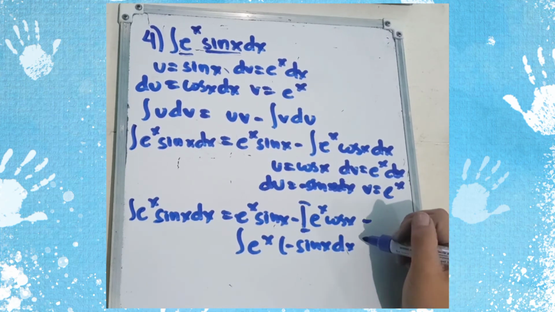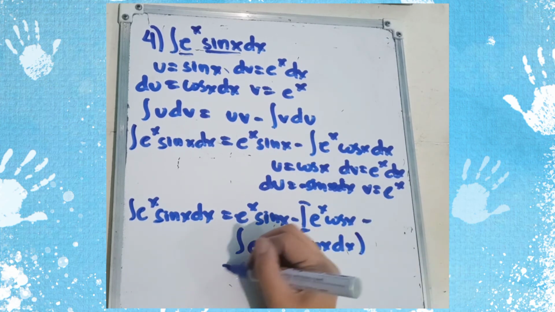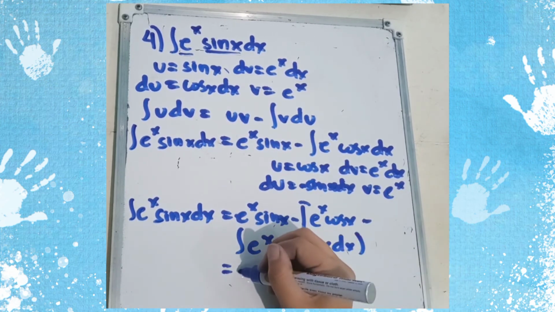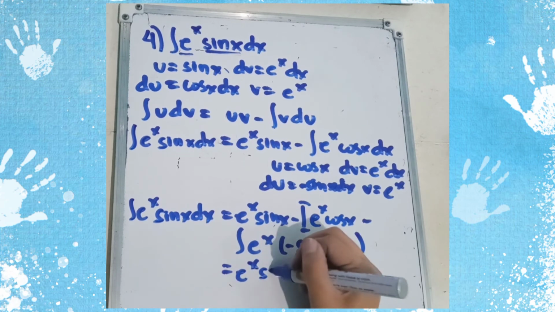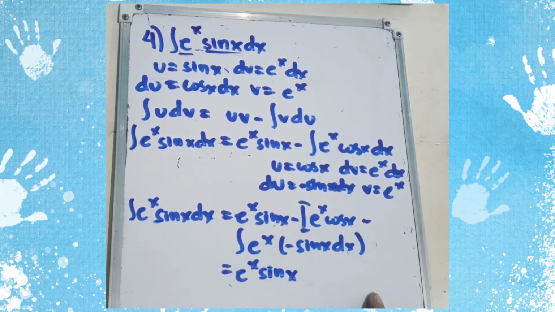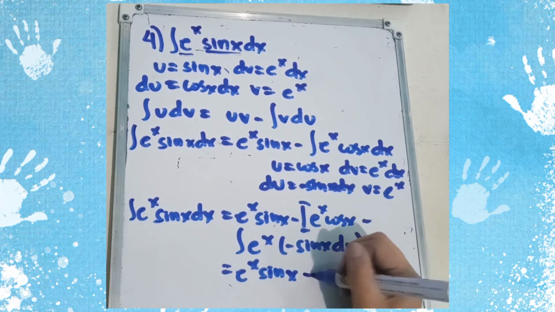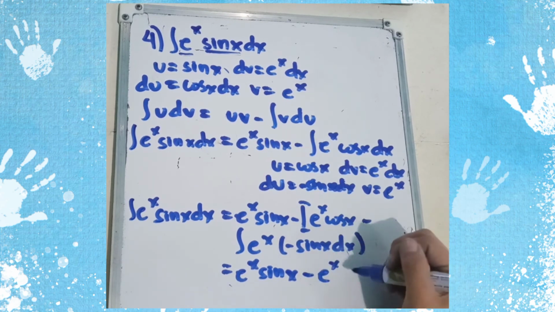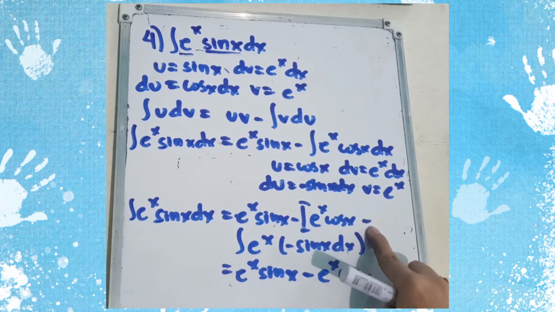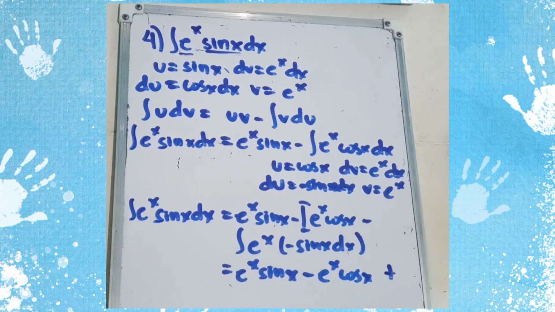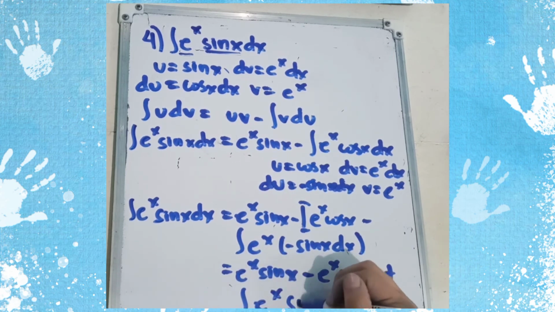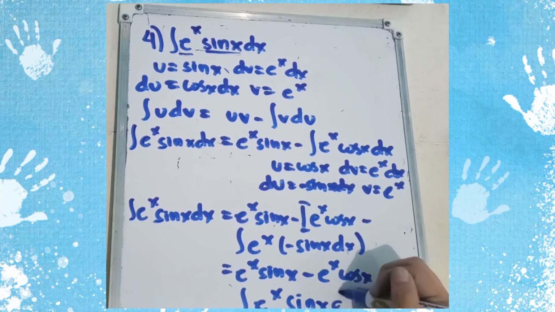So if we simplify this one, that is e raised to x sine x, negative e raised to x cosine x, that's negative, so that will be positive the integral of e raised to x sine x dx.